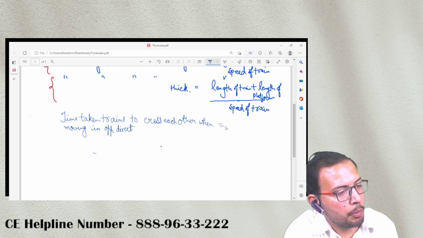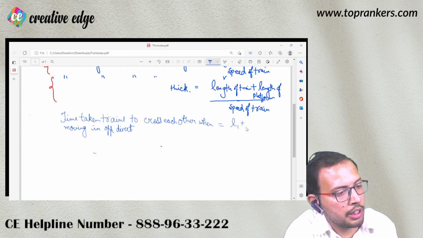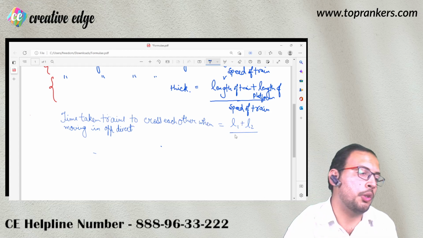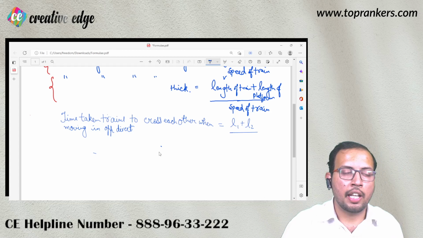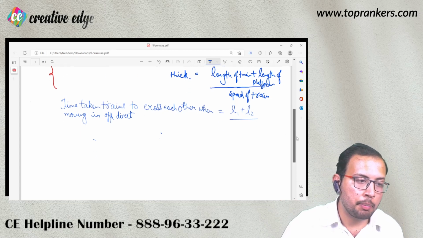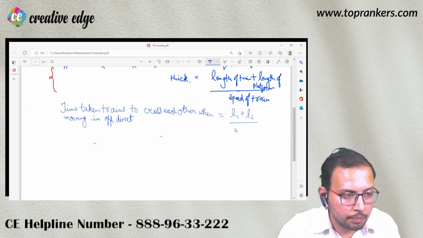So it is going to be length of first train plus length of second train upon, now you should know that when two trains cross each other and they are traveling in the opposite direction, their speeds are added.